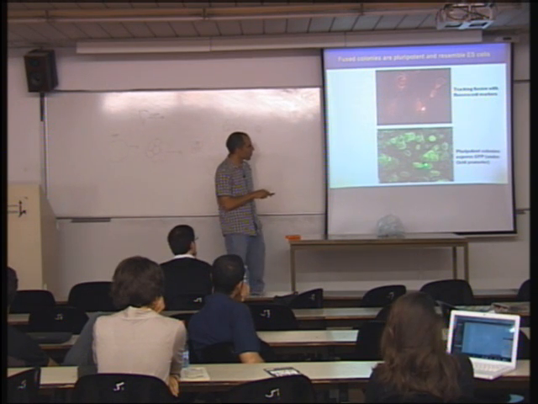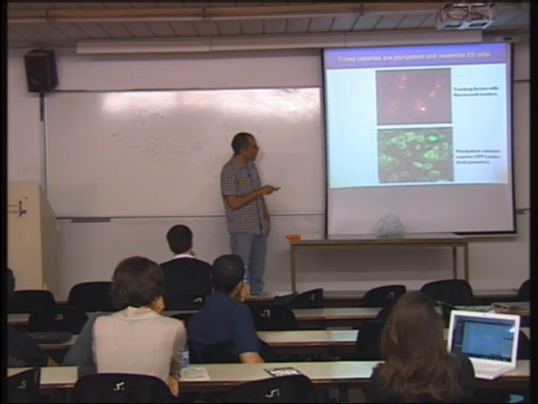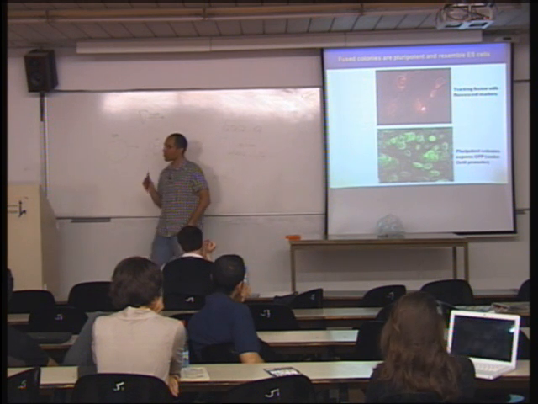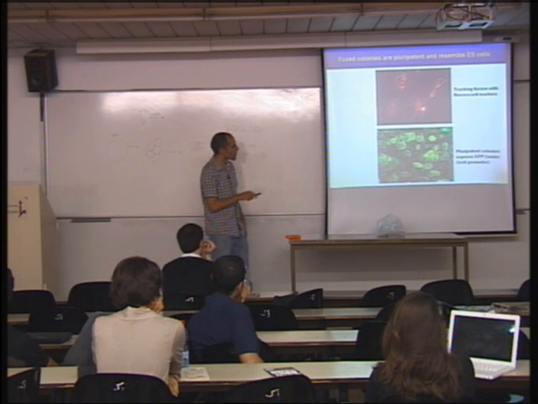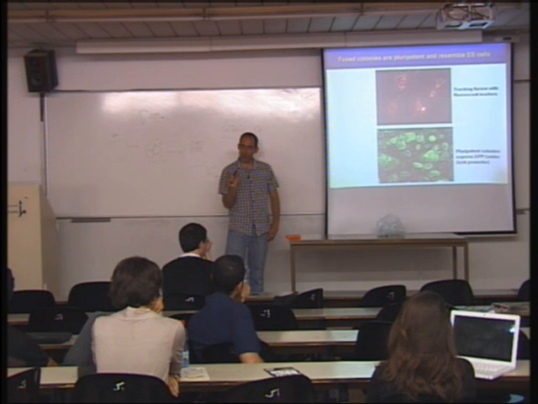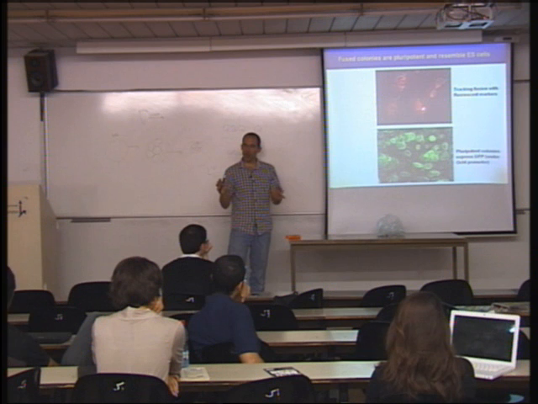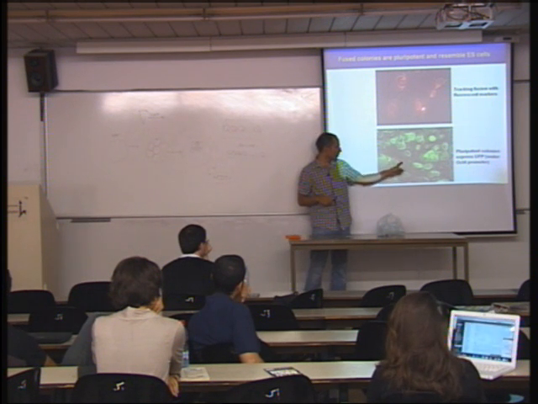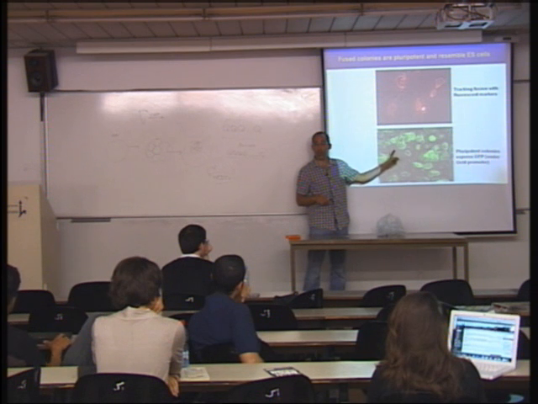Now these colonies, for example, express a green fluorescent protein under the regulation of a gene that is only expressed in embryonic stem cells. But this green fluorescent protein is in the genome of the fibroblast. So you have these fibroblasts right here, which you can't see because they're not green.